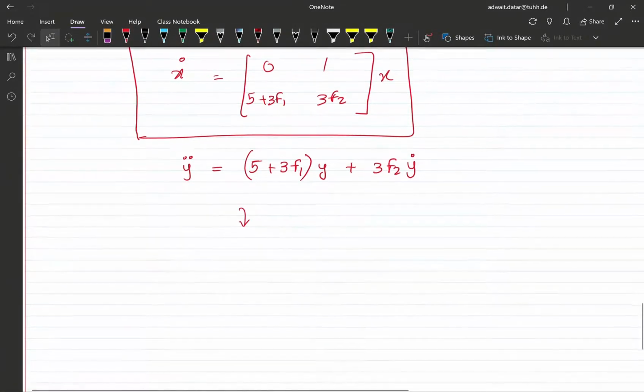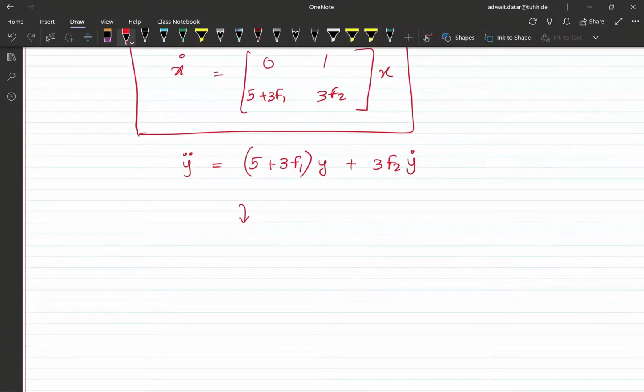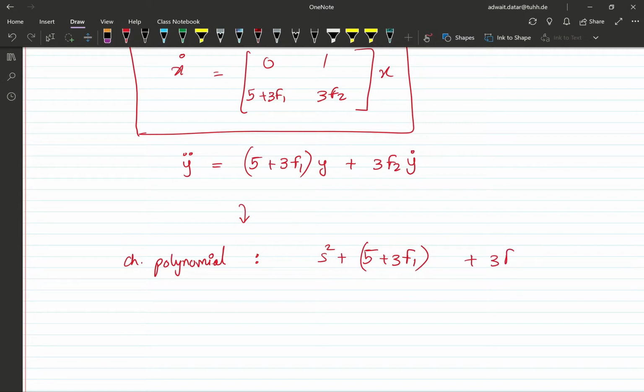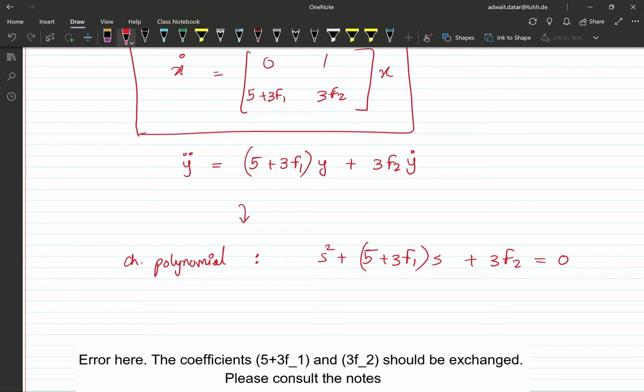That would give us the characteristic polynomial as s squared minus 3F2 s minus (5 plus 3F1) equal to 0.